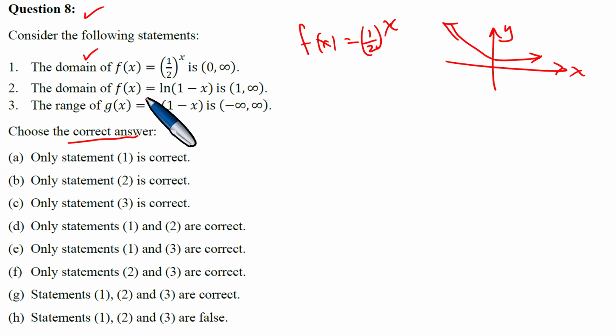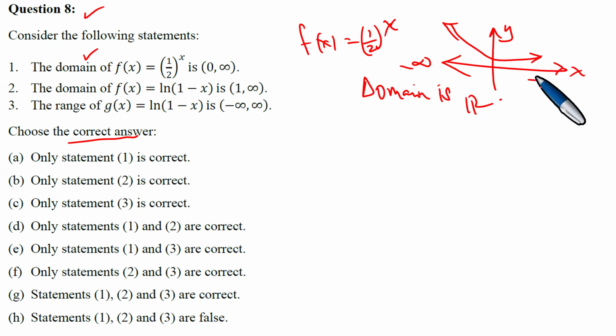And it is actually defined entirely. So the domain is the entire set of real numbers, because it goes all the way in the direction of minus infinity, but it goes all the way to infinity, so that the domain is R.